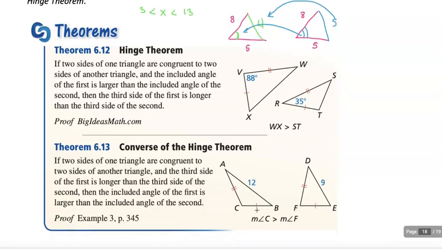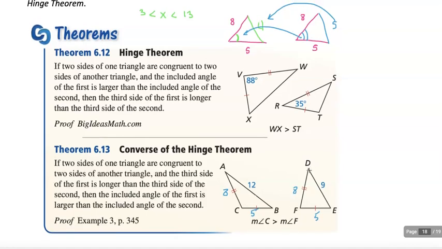Back to this picture, this could be my 5 and this could be my 8. If I chose to use 12, which fits within my parameters, then angle C is going to be bigger than angle F, because I only chose a side length of 9 for DE here.